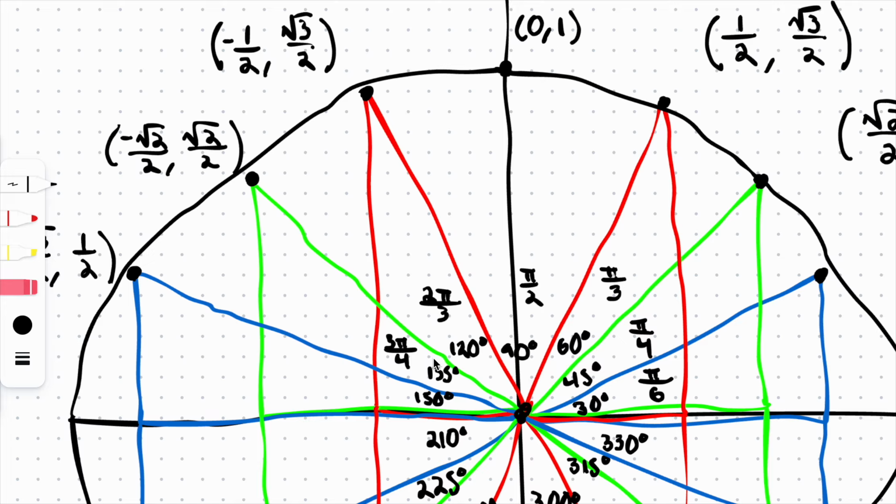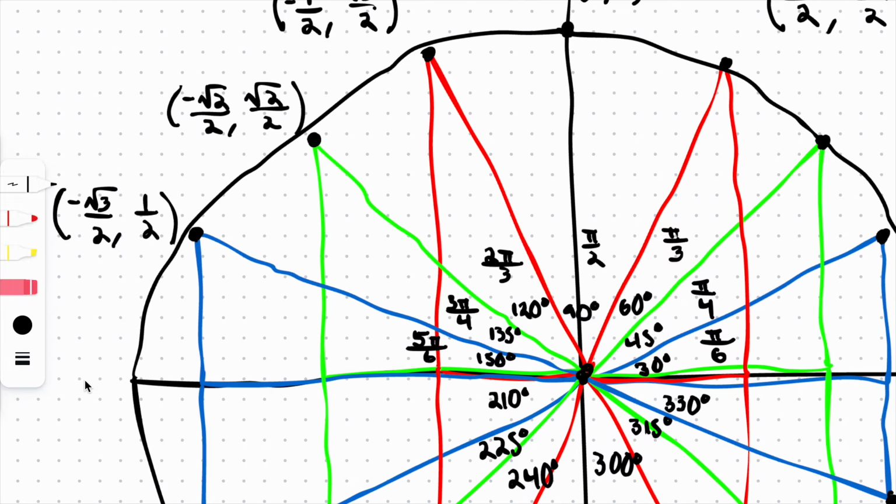I'm going to kind of go fast, and you can confirm these for yourself. 150 times pi over 180, that's going to simplify to 5/6. 5/6 times pi is going to be 5 pi over 6. Okay? And we have this point here.